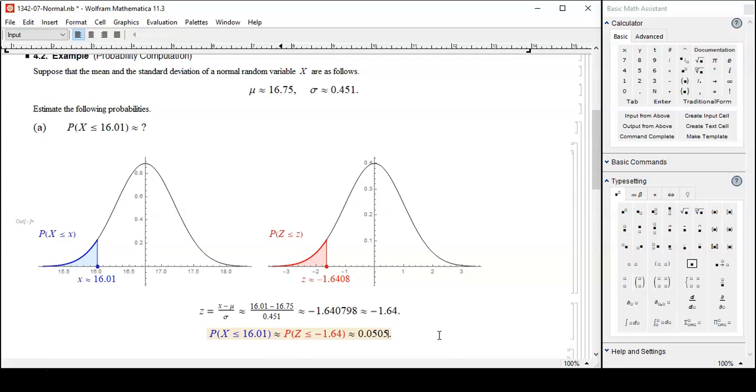This is the more practical method. And by the way, over here, x minus mu over sigma, that's the same as end minus center over SD in terms of this picture. Now, this expression, in my opinion, is better than x minus mu over sigma.